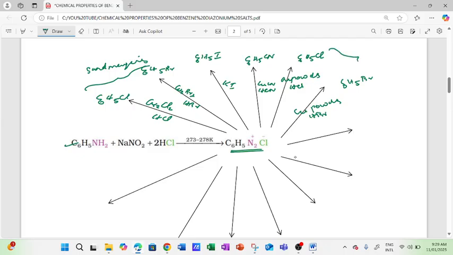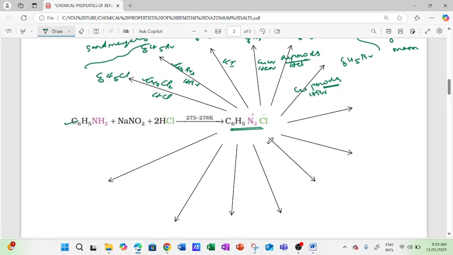These two reactions where we are using copper powder are called the Gattermann reaction. There is also the Gattermann-Koch reaction in the aldehydes lesson, but that's different. This is the Gattermann reaction for chlorobenzene or bromobenzene using copper powder and HCl or HBr accordingly. But if you use Cu2Cl2 or Cu2Br2, then the name of the reaction changes to Sandmeyer's reaction.